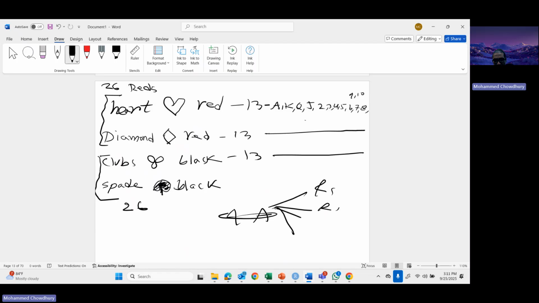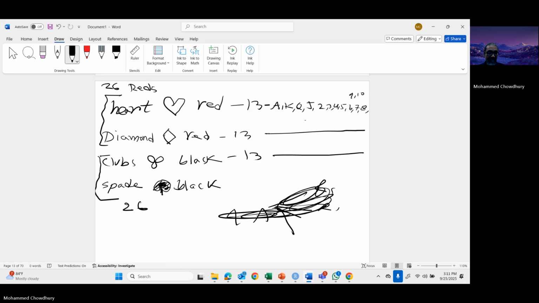I think it will create problems for you. So what you need to remember: there are 26 red cards and 26 black cards. Black cards are known as the clubs and spade. Heart and diamond are the red cards, and they have this type of symbol on the card. Each suit contains 13 cards, known as the ace, king, queen, jack, and 2 to 10.